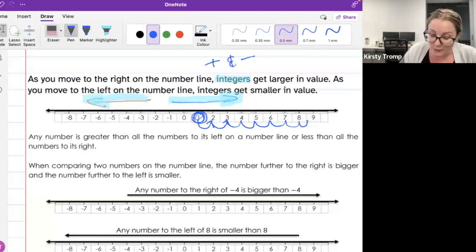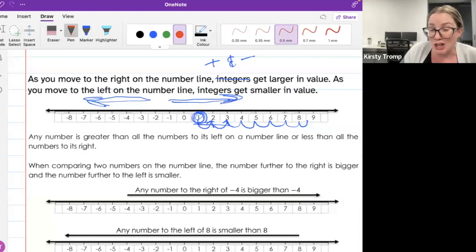Now, what is new for you guys is when we start at our negative numbers. Sorry, our pen doesn't seem to be wanting to cooperate this afternoon. So let's say we start at -8.